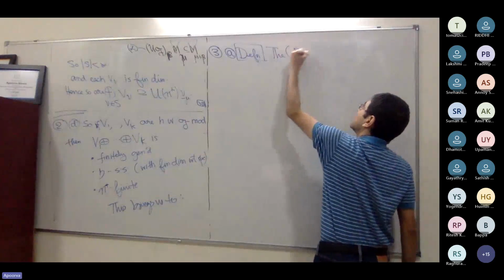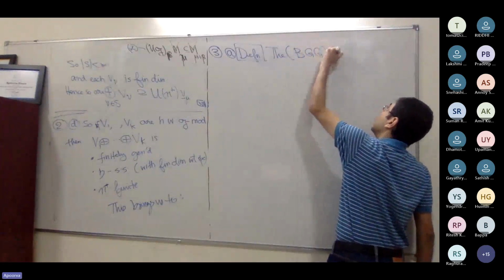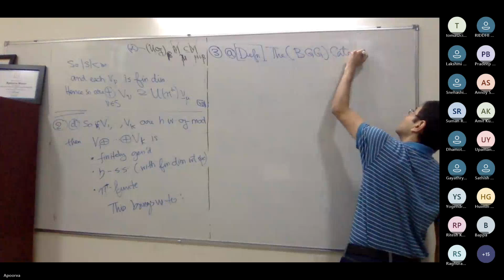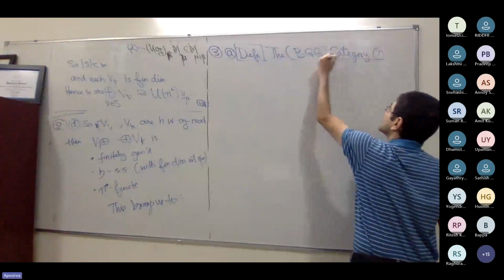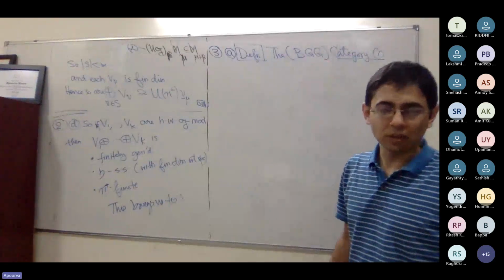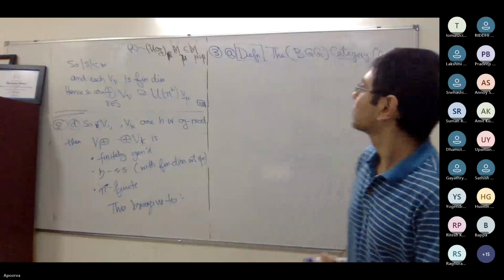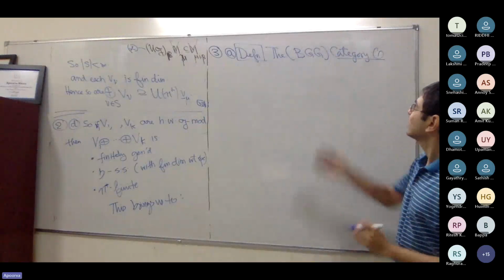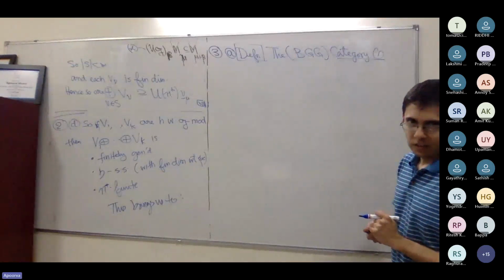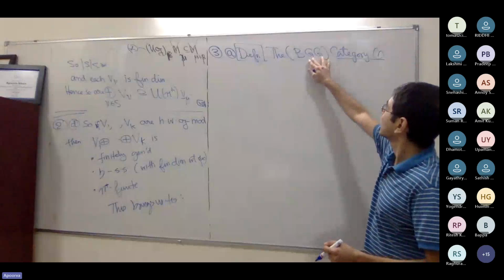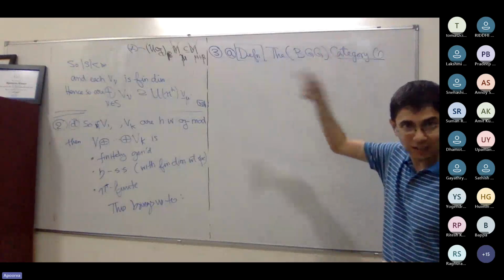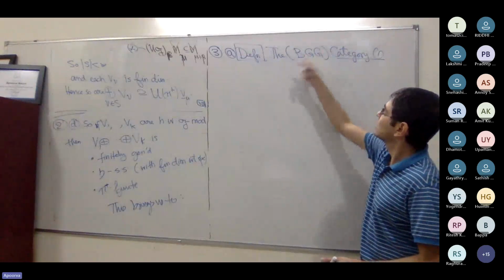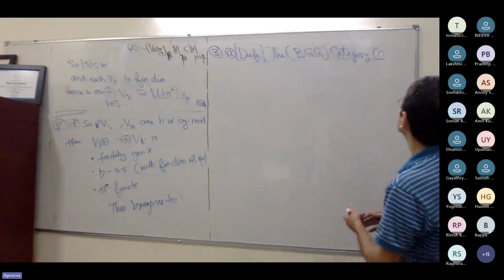Sometimes people call it the BGG category, because BGG are the names of the three authors who wrote the paper where they defined this category. There are two Gelfands, and one of them actually is the son of the other. And there's a Bernstein who was a student of the father as well.